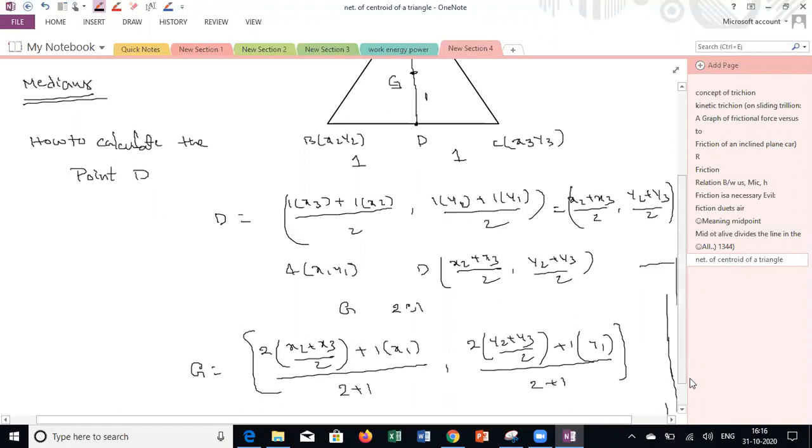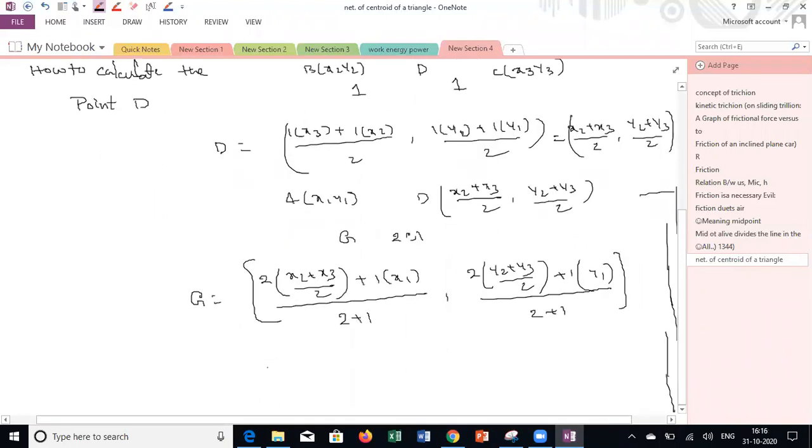The centroid of a triangle is ((x1 plus x2 plus x3) by 3, (y1 plus y2 plus y3) by 3). This is the centroid formula. Is it clear, guys?